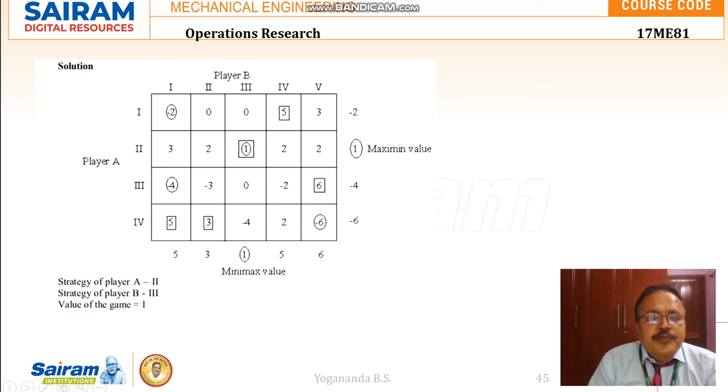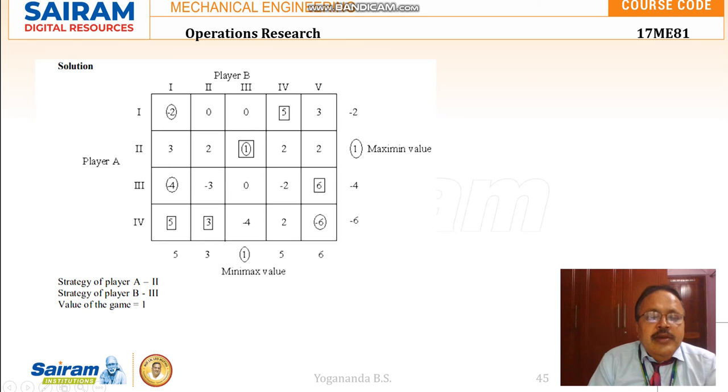Fourth row, the least score is -6. Now out of these 4 values, I have to take the maximum one, because player A wants to maximize his gains. So 1 is maximum. So, maximin value.